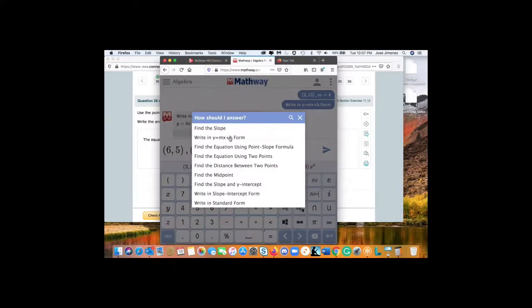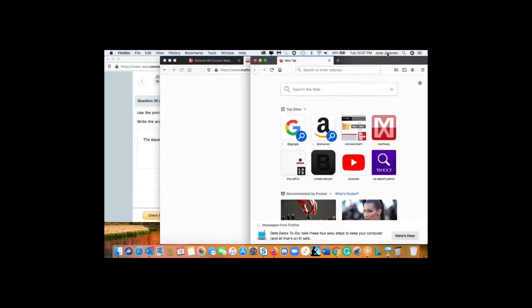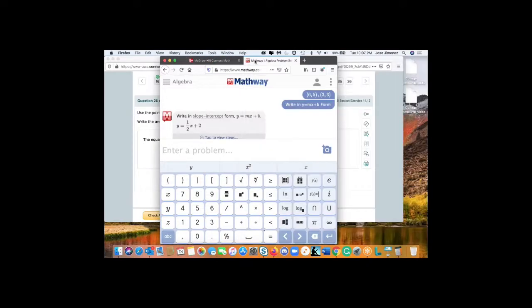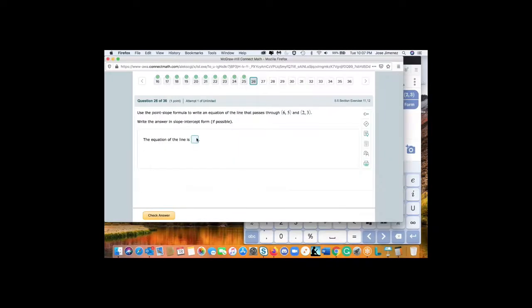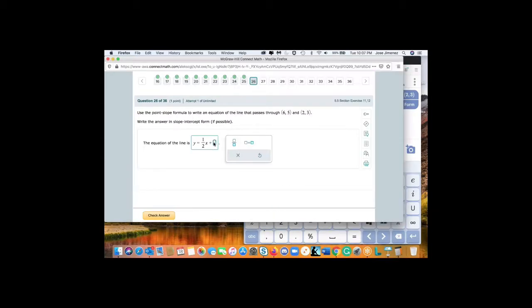I say y equal to mx plus b. So we have y equal to 1 over 2 x plus 2.